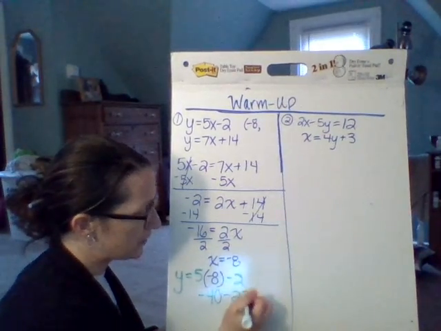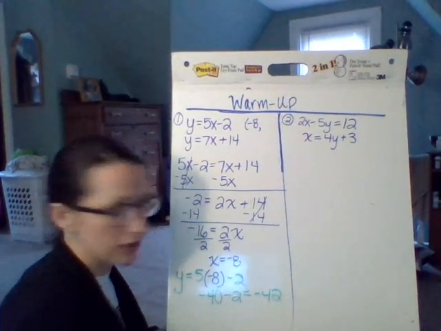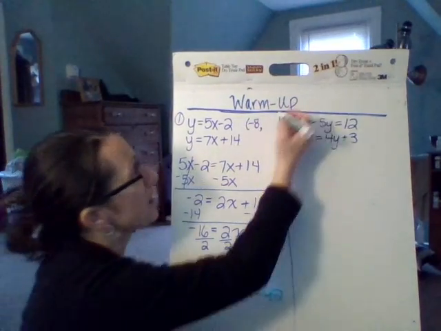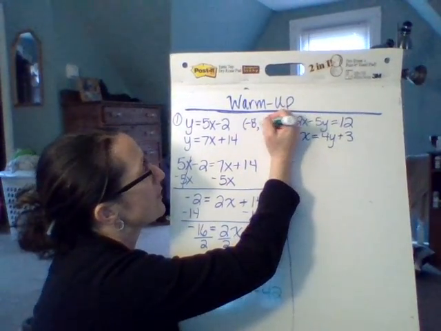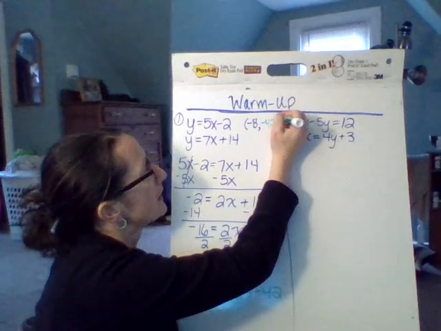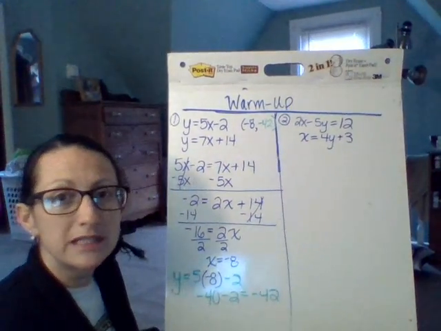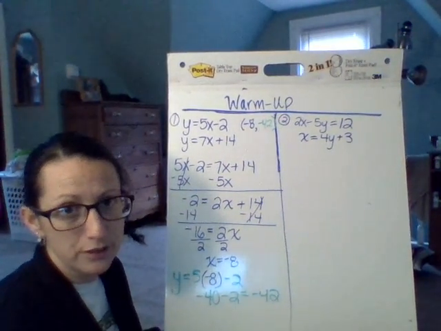Negative 40 minus 2 is negative 42. Okay, so that's my y coordinate. Good thing I didn't try to graph this. There's no way that would have fit on my coordinate plane. And my solution is negative 8, negative 42.